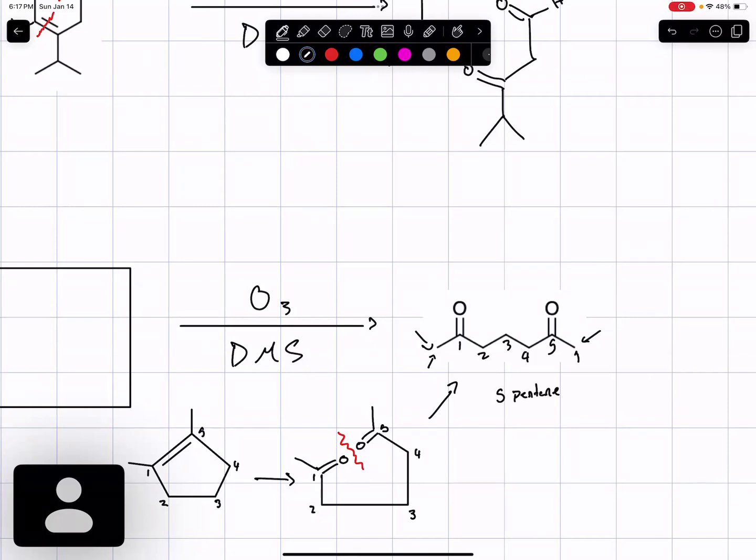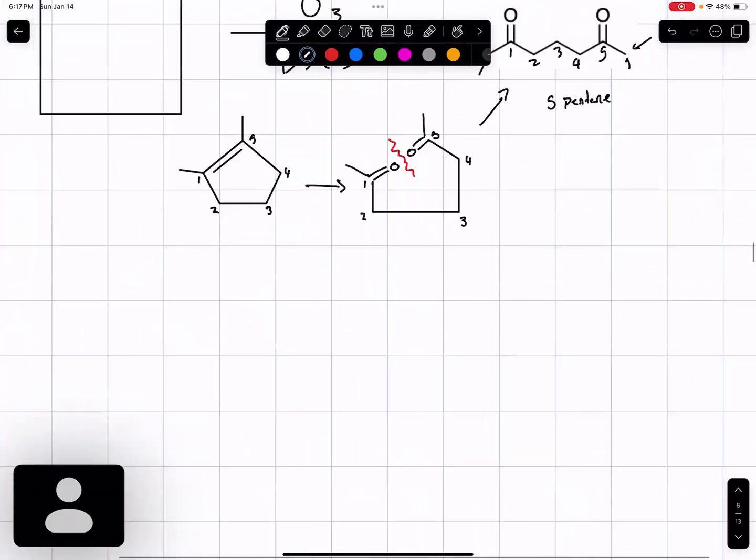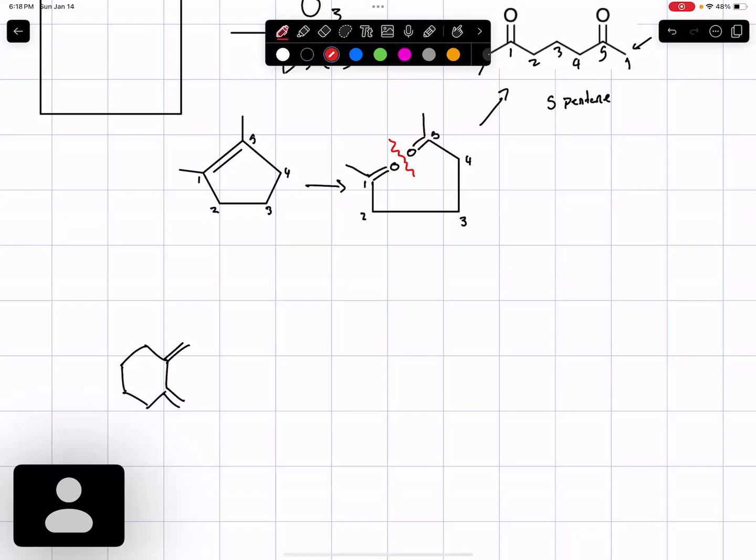So like if I had something where it's cyclic, yes, but for example, if I had something like this, where I had two alkenes on the same product. This is a diene, right? And this diene now is going to split into basically two same products and different products, depends on how you want to look at it.